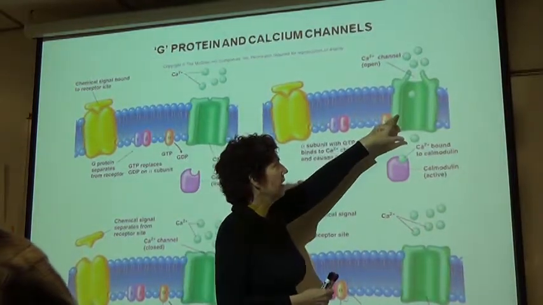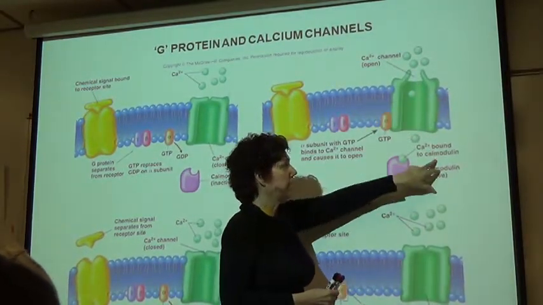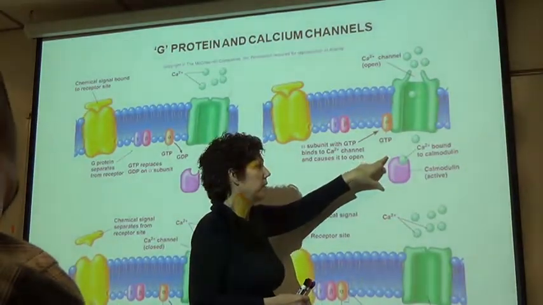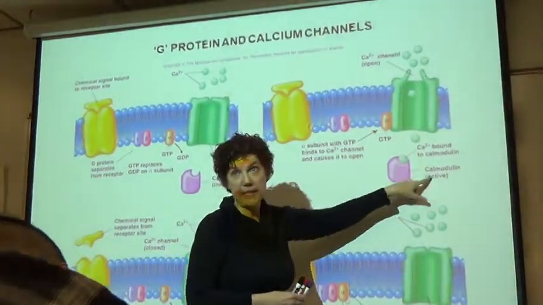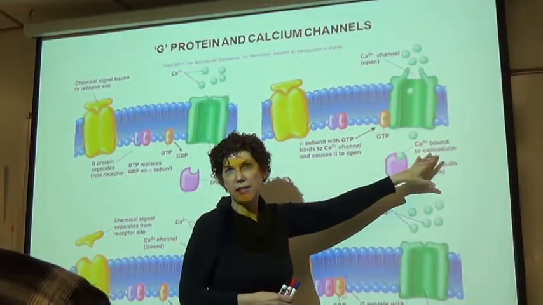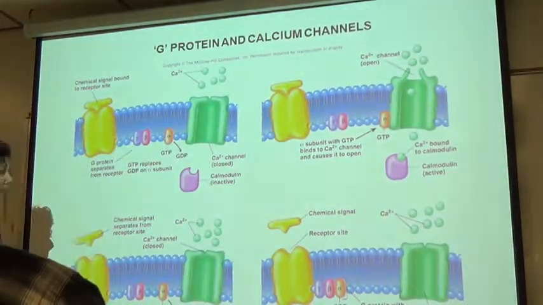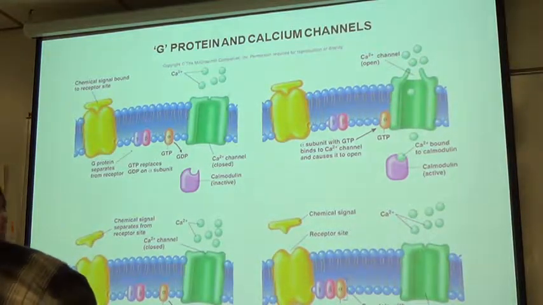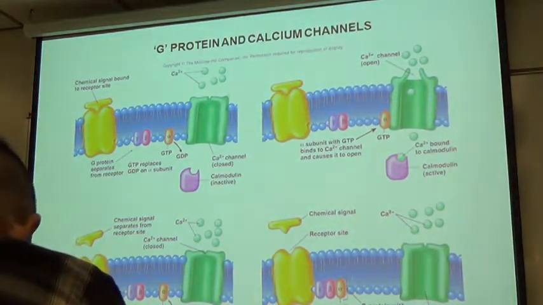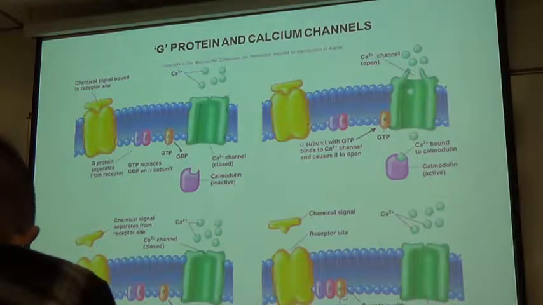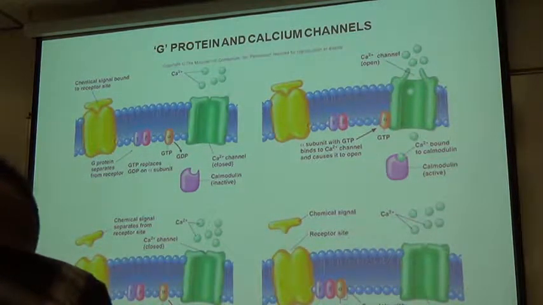It's opening, and calcium comes in. Here it's binding to calmodulin, which is similar to troponin, and now this is our second messenger. So calcium, either by itself or as bound to calmodulin, can be a signal to smooth muscle, to other activities in the cell. This was not quite as complicated.